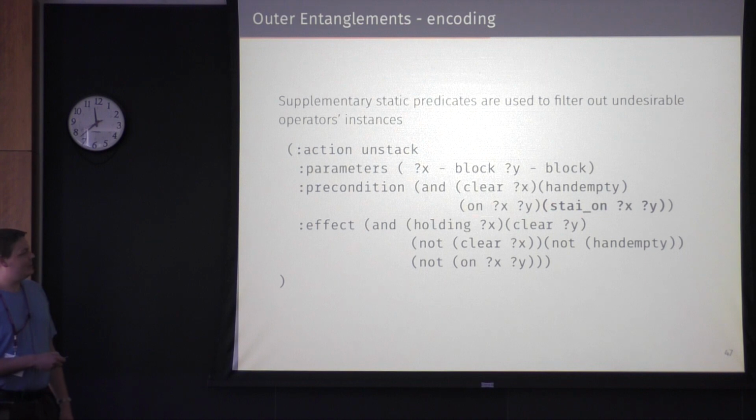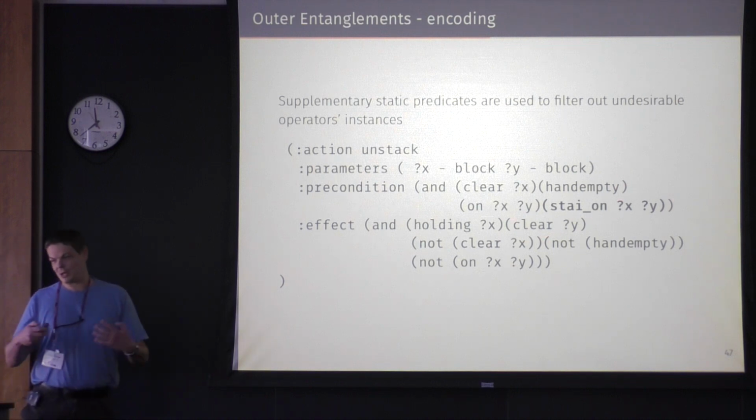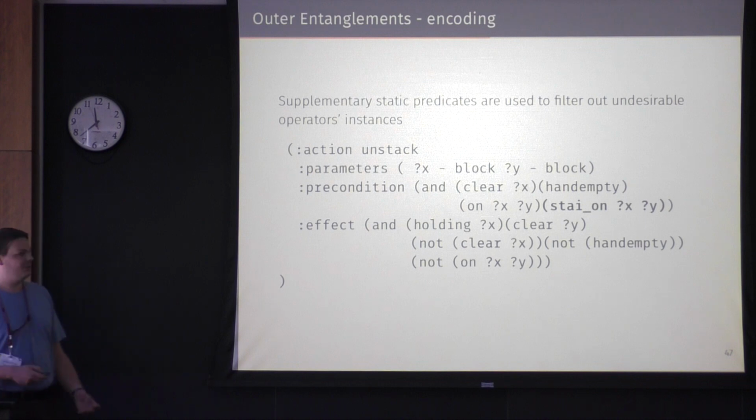Now, we would like to encode the entanglements. For outer entanglements it is quite easy, because we know that this operator is entangled by init with predicate on, so we create a static twin of predicate on, and we just adjust the initial state by putting instances of static on that are the same as instances of on in the initial state.